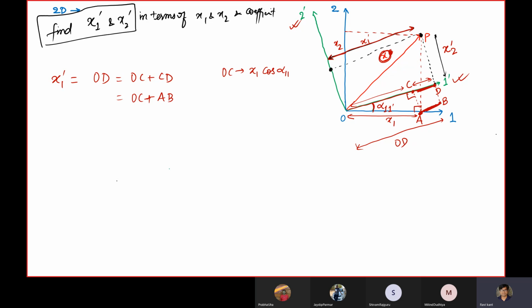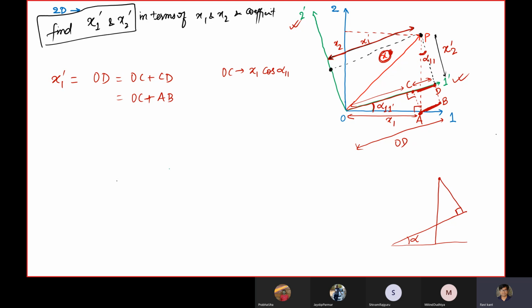Similarly, this angle and this angle would be the same. How? Can somebody tell me? This is alpha 11, and this is also alpha 11. Let me show you here. Suppose this is my alpha, and there are two lines, one perpendicular to this and one perpendicular to this.